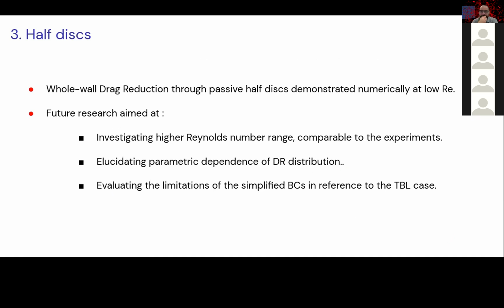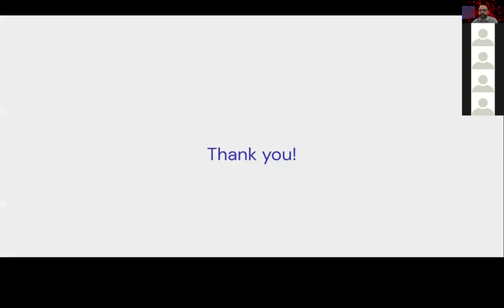And also, it's important to elucidate the parametric dependence of the local drag reduction, because we have seen regions of high drag reduction and regions of drag increase, which might also be linked to the limitation of the simplified boundary condition adopted, as compared to the real world case where a solid shelter was added. Thank you, and if you have any questions, I'll be happy to discuss them with you.